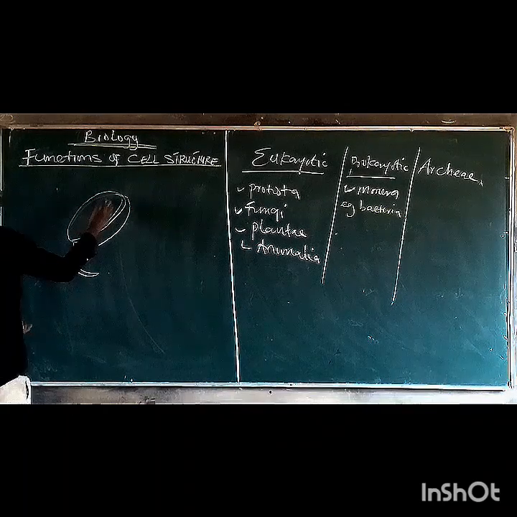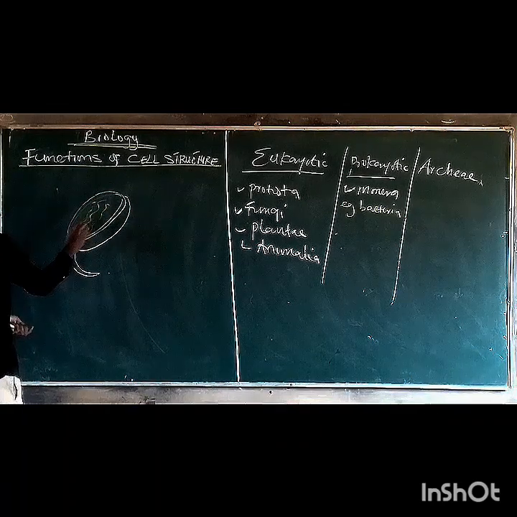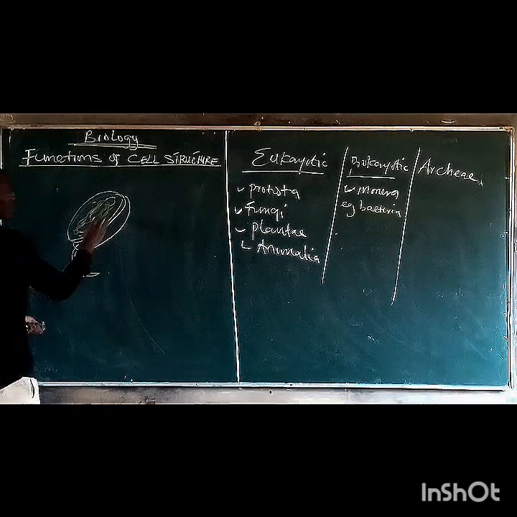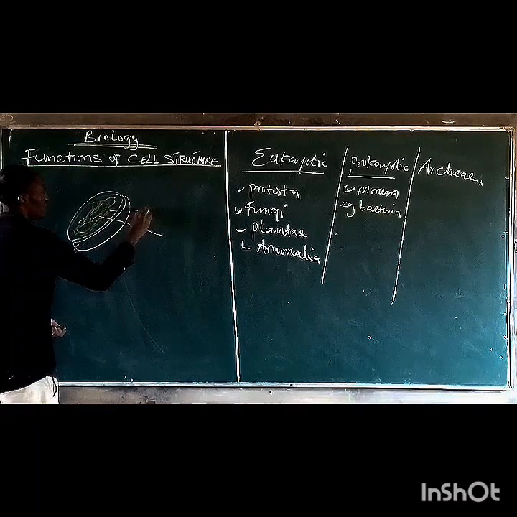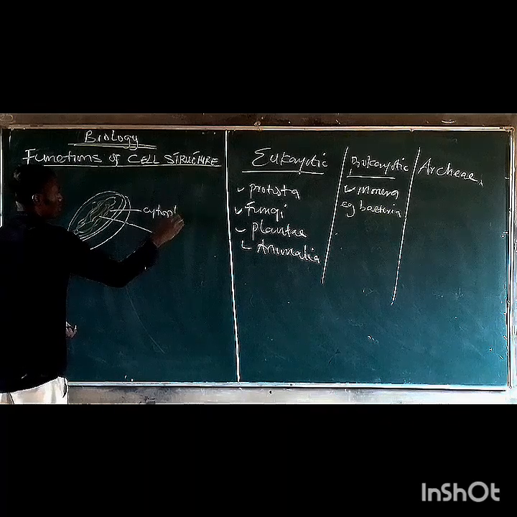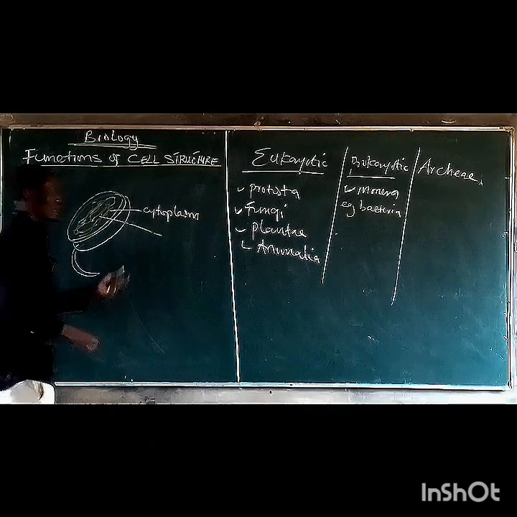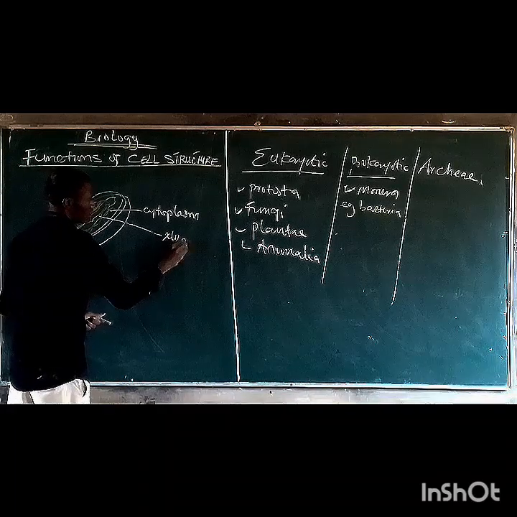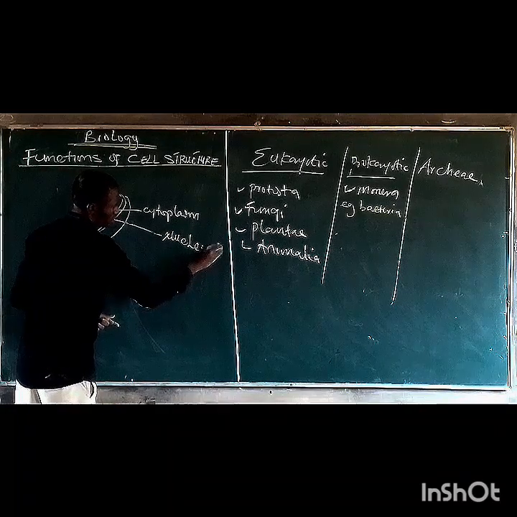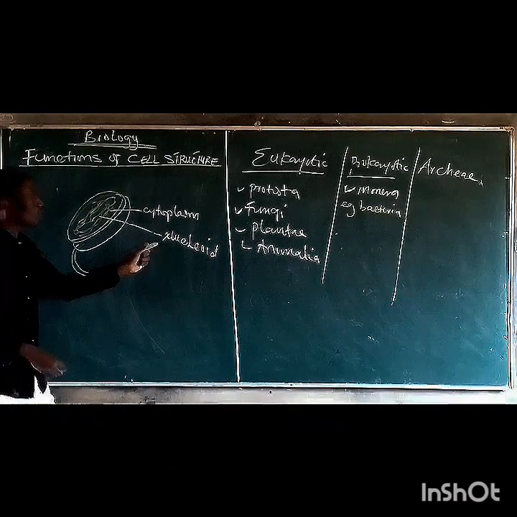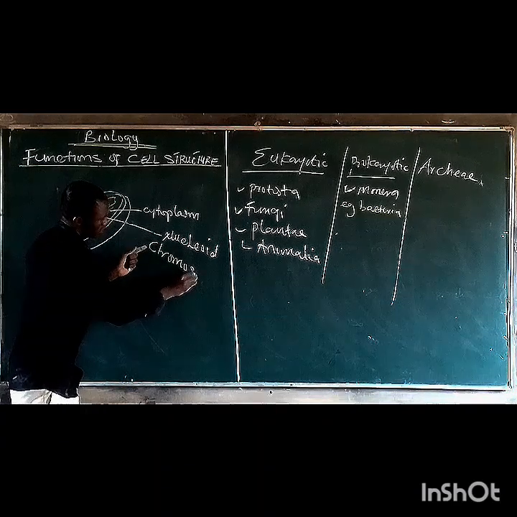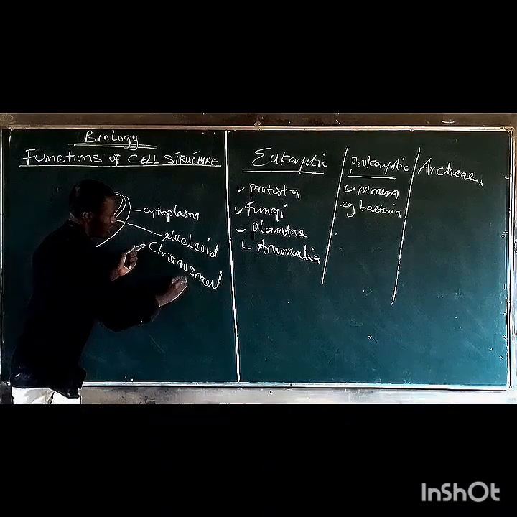These bacterial cells have some material inside the cytoplasm. The material that is inside the cytoplasm is known as the nucleoid. These nucleoid are also called chromosomal materials.